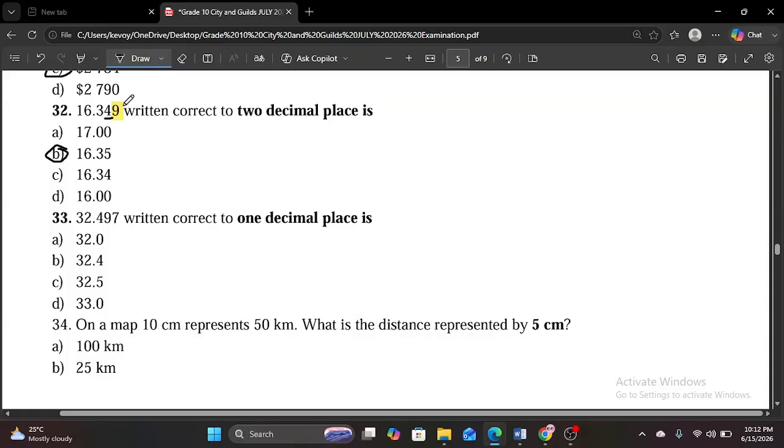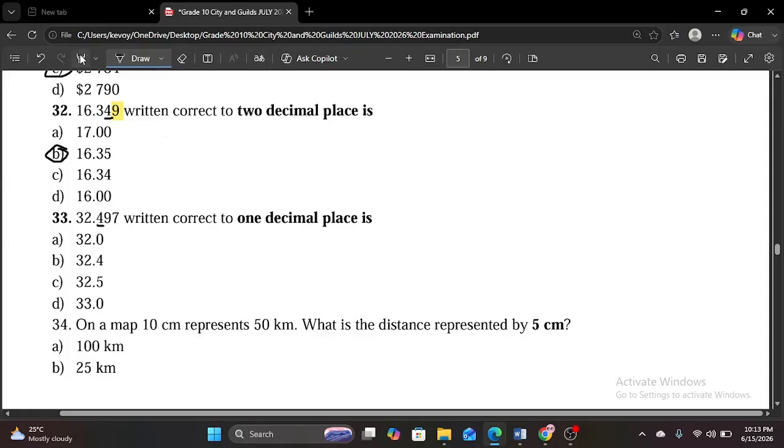All right, moving on to question 33 right here. So 0.497 written to the first decimal place is... so the first decimal place, that's going to be the 4. So 4 is the first digit that comes immediately after the decimal point. So that's going to be the digit in the first decimal place.